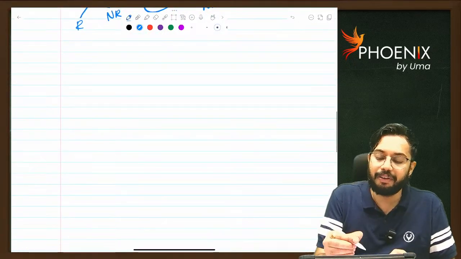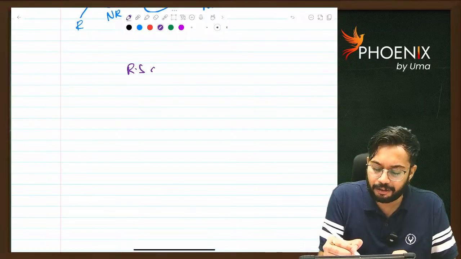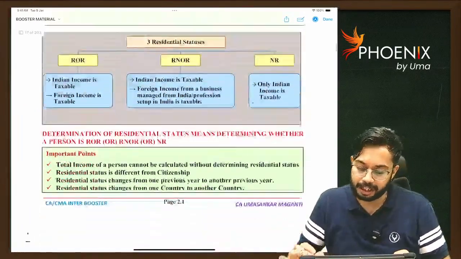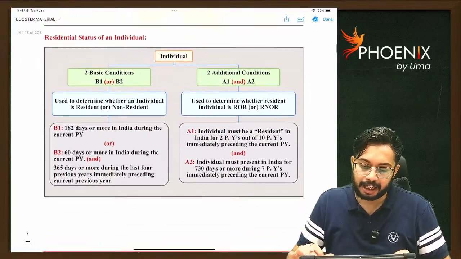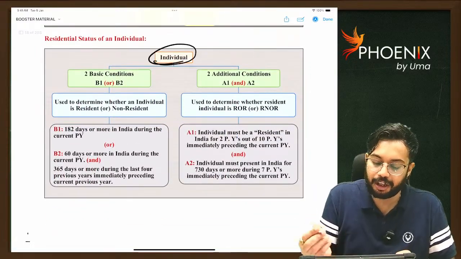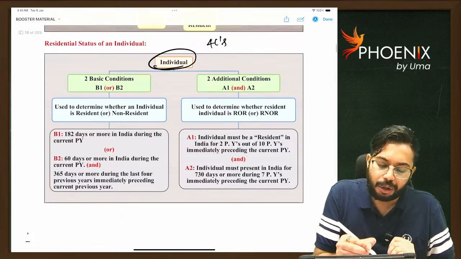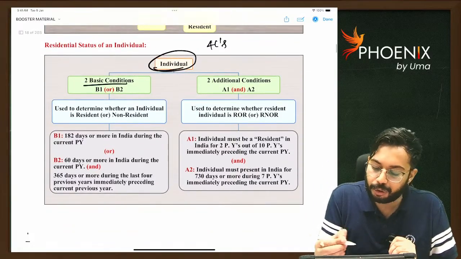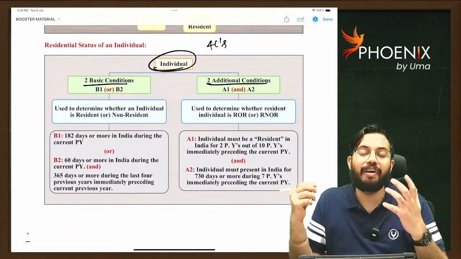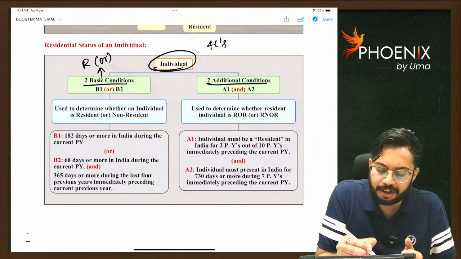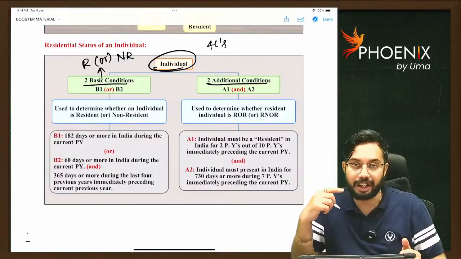Now we will discuss residential status of an individual. Using four conditions, we are going to determine residential status of an individual. Out of four conditions, two are basic conditions and two are additional conditions. We use basic conditions to tell whether the individual is resident or non-resident.